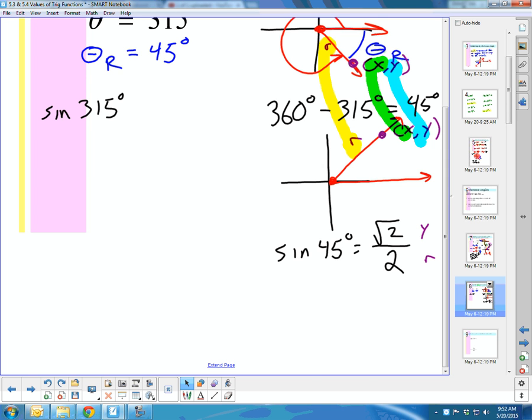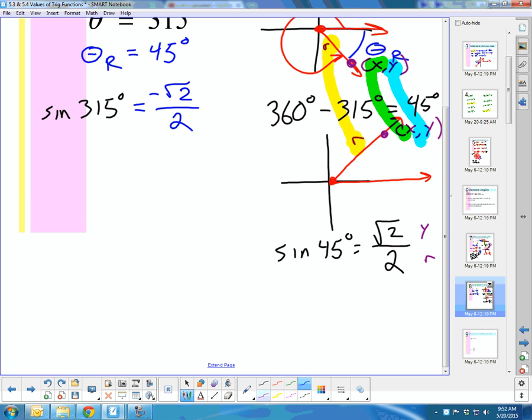So I change my root 2 to a negative root 2. And my radii stay the same, 2. So sine of 315 degrees is negative root 2 over 2.